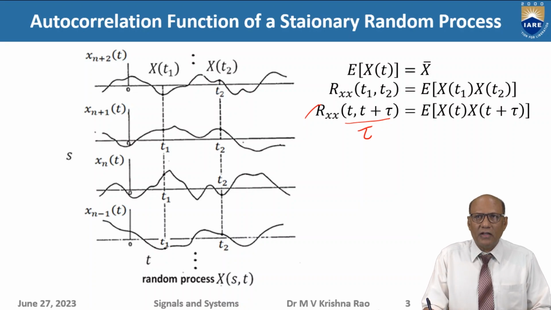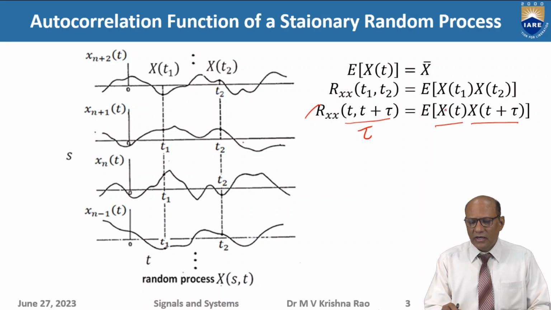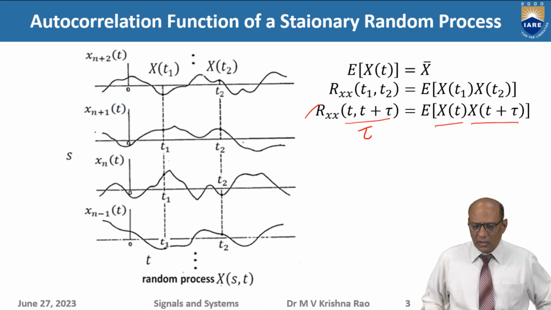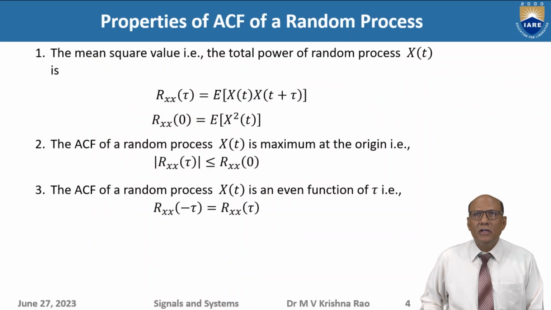RXX is a function of tau that is equal to the expected value of x of t and delayed x of t, at two different time locations separated by tau. So that is what I have to take, the ensemble average, and I will call it the autocorrelation function of the random process. Okay, so this I already discussed.